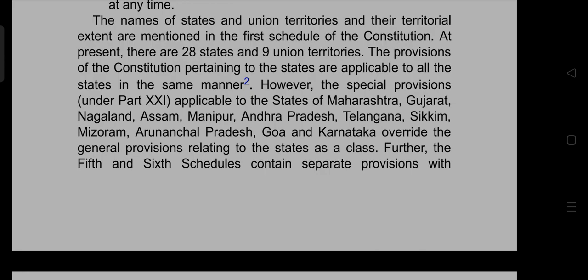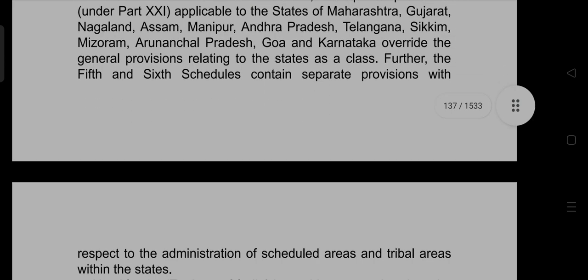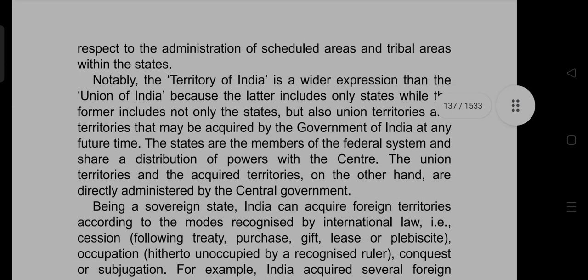Further, the Fifth and Sixth Schedules contain separate provisions with respect to the administration of scheduled areas and tribal areas within the states. Notably, the territory of India is a wider expression than the Union of India. This is because the latter includes only states, while the former includes not only states but also union territories and territories that may be acquired by the Government of India at any future time.